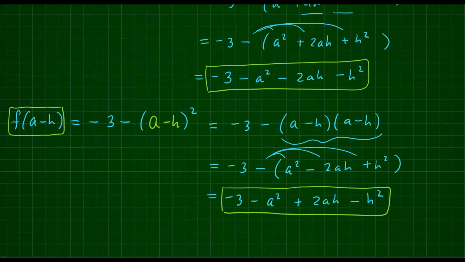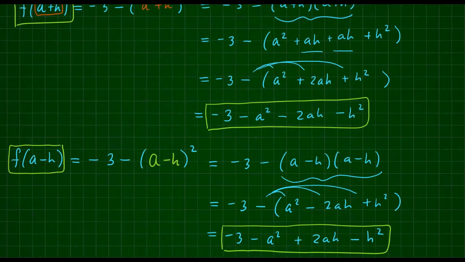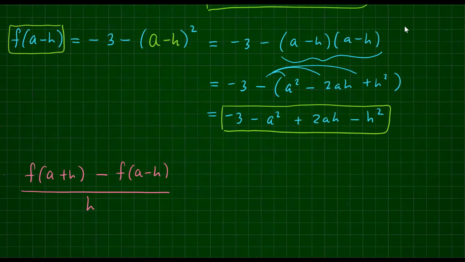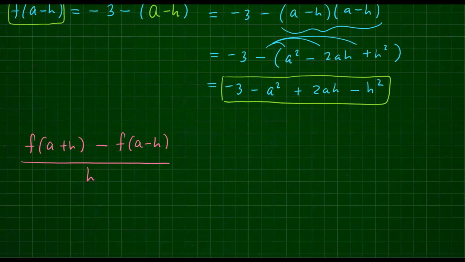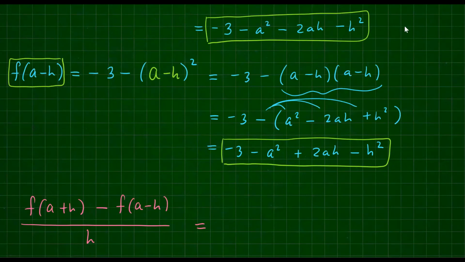So we have the expression for f of a plus h, and we have the expression for f of a minus h. We want to simplify what would happen if we do f of a plus h, take away f of a minus h, and everything divided by h. That's what we want to simplify. f of a plus h is this box right here, the first one. So we substitute that. Let's write it out here so we can fit this to one screen. We have -3 minus a squared minus 2ah minus h squared.